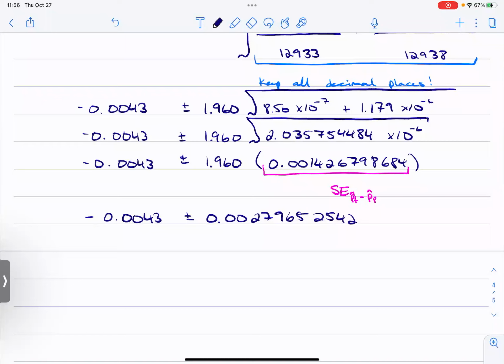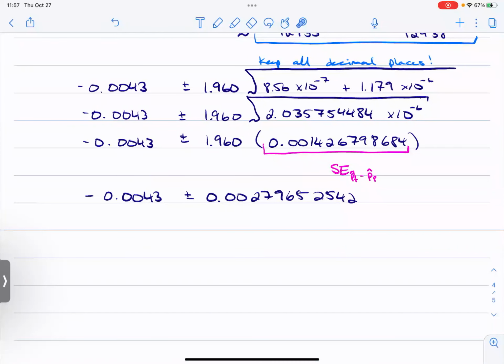This is my margin of error for the difference in the proportions, right? 0.0028, let's say. Remember how we write out a confidence interval? We have to use round brackets, the lower bound, comma, the upper bound.